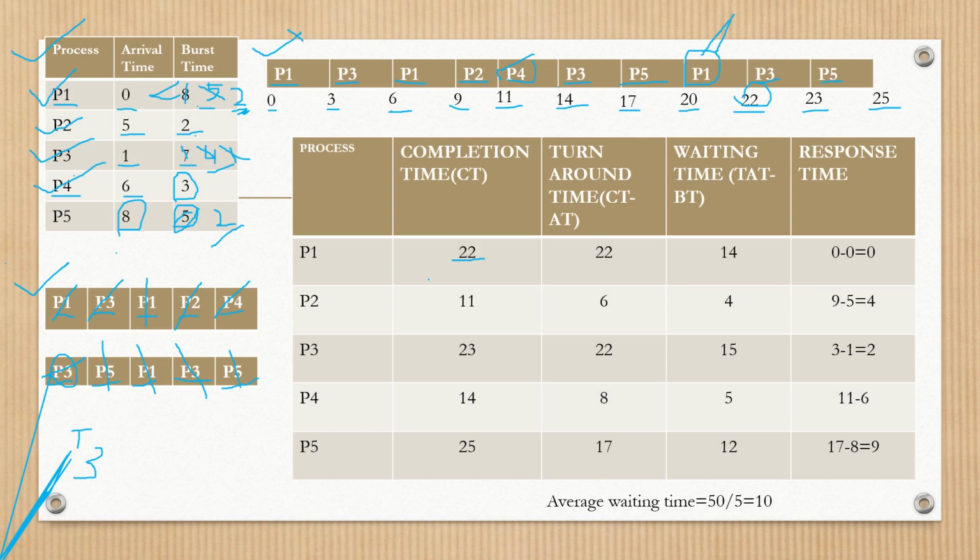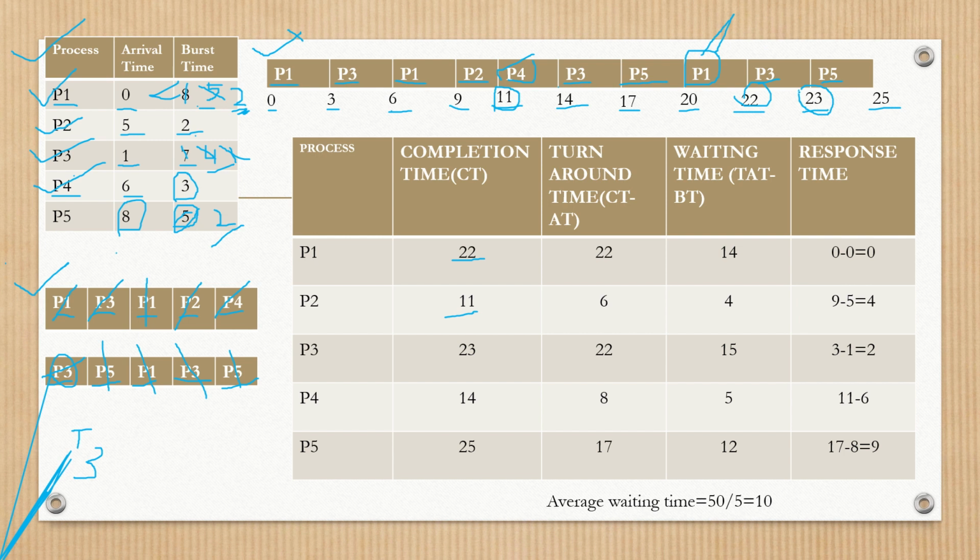Next, process P2. At what time has it completed its execution? At time 11, process P2 has completed its execution. Coming to process P3, it was allocated many different times, but you have to take only the last time as its completion time.